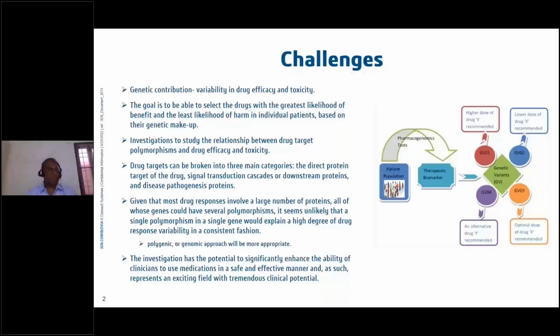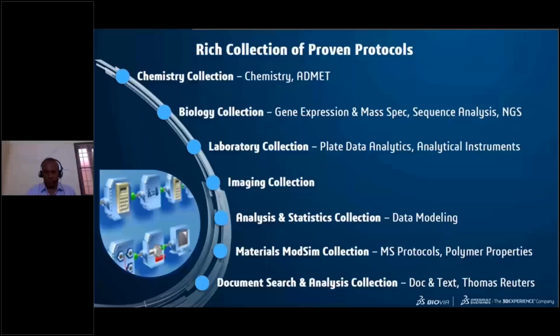So these are the challenges, and how we are going to address them is what we are going to do. To address these challenges, Dassault Systèmes brand BIOVIA offers a series of solutions. Because this is totally interdisciplinary, we cannot rely on either biology or imaging or the chemistry collection alone, but combine them together and work in sync.